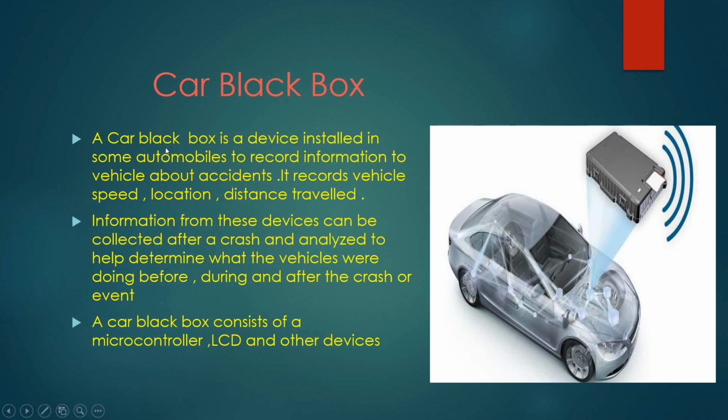A car black box is a device installed in some automobiles like cars and other automobiles. This car black box records information about vehicles during the accidents and before the accidents. It records information like speed of the car or automobile, location of the car, and distance travelled.